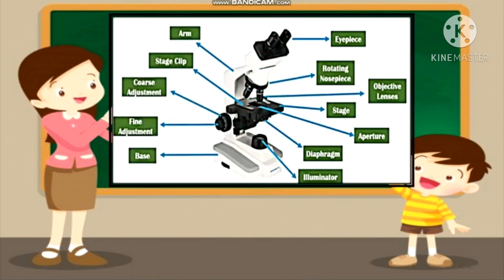Okay, so these are the different parts of the microscope: the eyepiece, rotating or revolving nose piece, objective lenses such as the 4 different objective lenses, and then next, the stage, aperture, diaphragm, illuminator, arm, stage clip, coarse adjustment, fine adjustment, and the last one is the base.